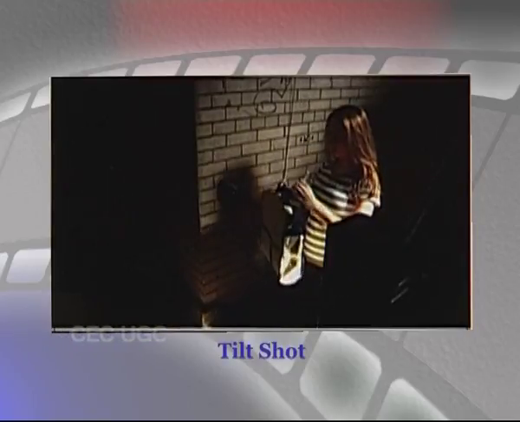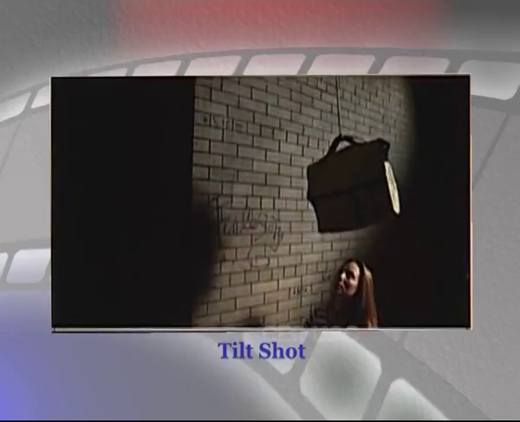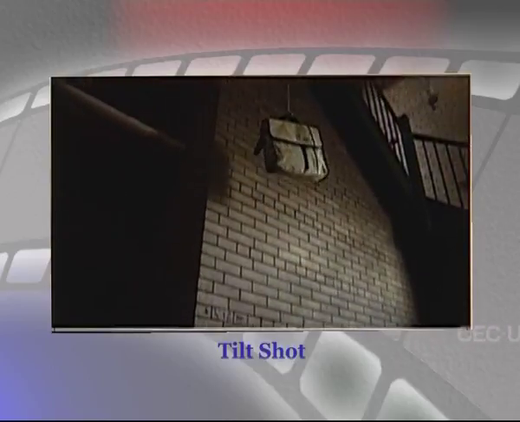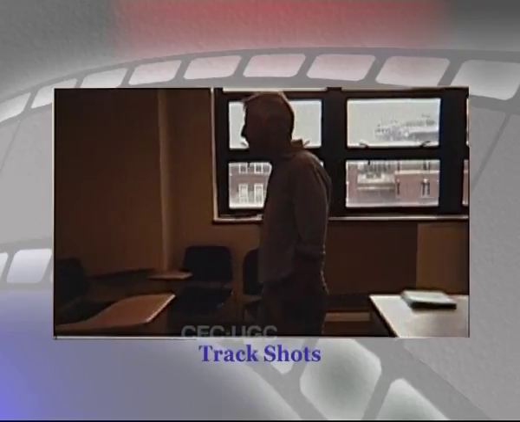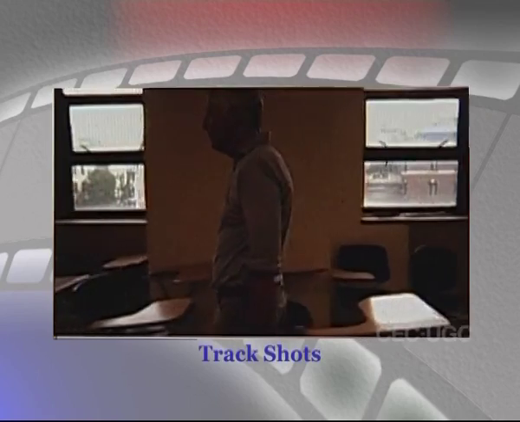The camera can accordingly pan, going left to right or right to left, or tilt, going from top to bottom or from bottom to top. And there is another kind where the camera itself moves, which are known as track shots.